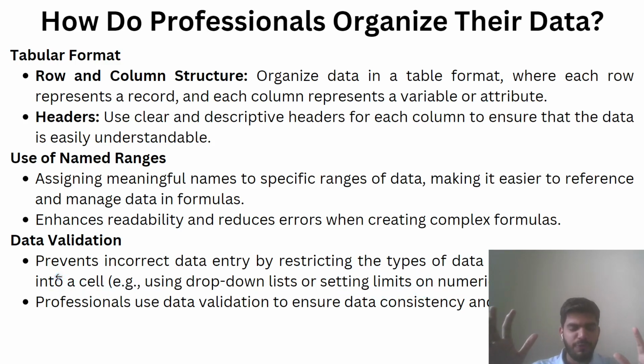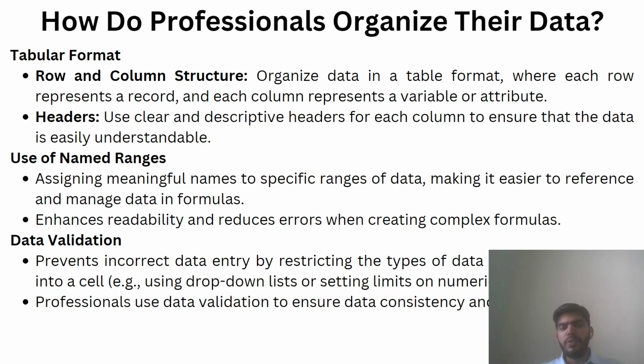Suppose you are taking a phone number as data. You can give a restriction that only 10 digits can be entered in a cell. So when somebody puts an 11th digit, it gives an error that a phone number cannot have an 11th digit.